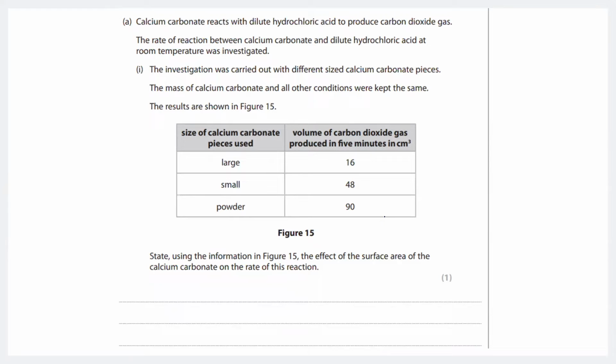State, using the information in figure 15, the effect of surface area of the calcium carbonate on the rate of this reaction. So powder has a bigger surface area. Powder has the largest surface area.